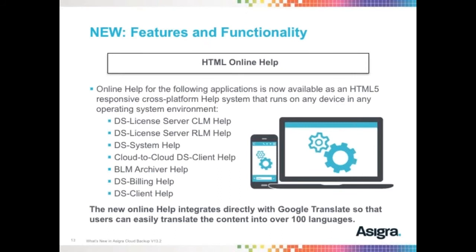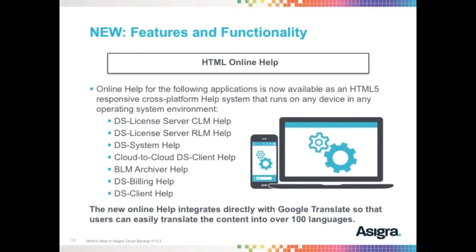Next are new features. We've made some significant improvements to our product documentation. It is now available through an online portal. It's HTML-based. For those of you who like to translate this, you can easily use Google Translate and have access to over 100 languages.